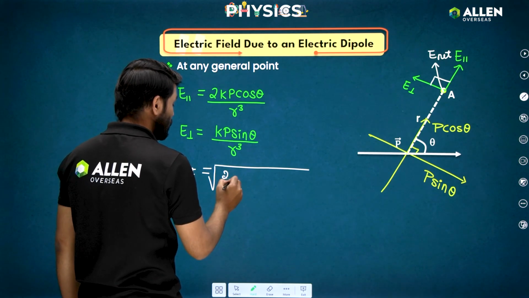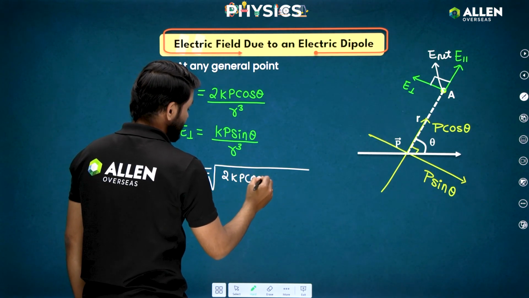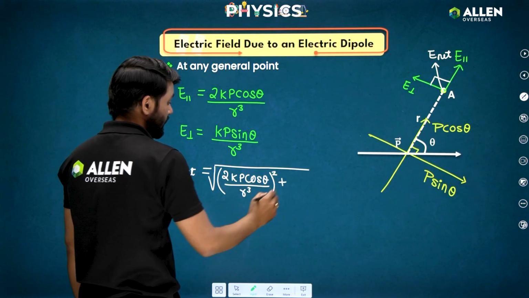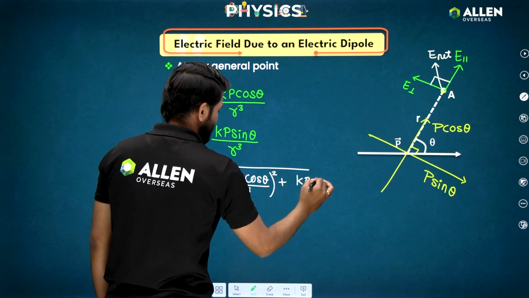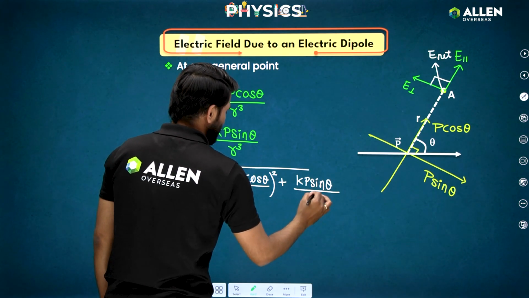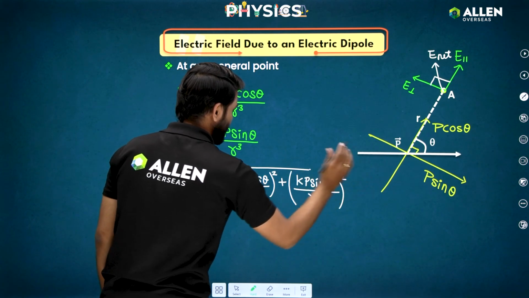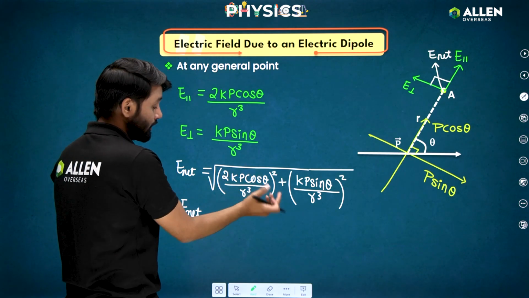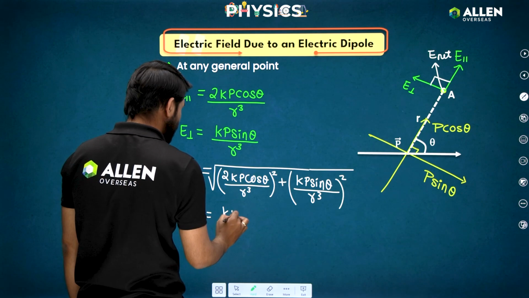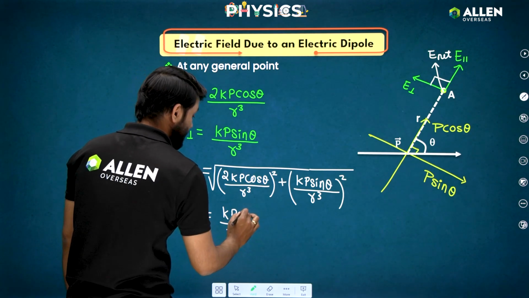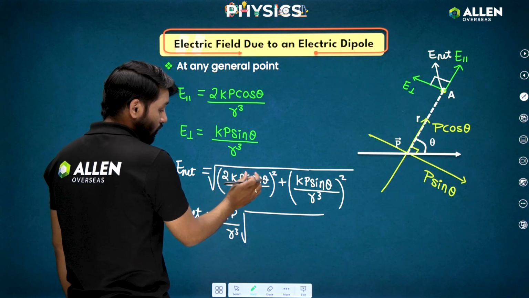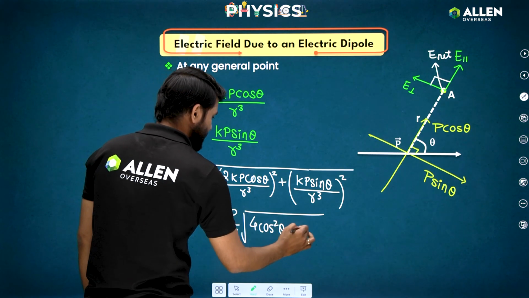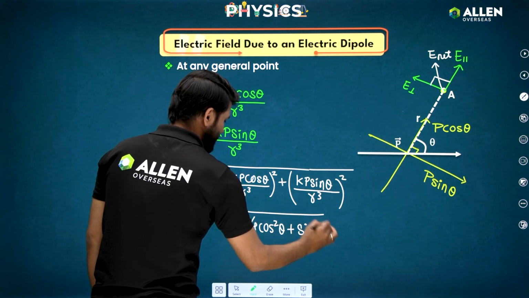So I am writing it's (2 kp cos theta divided by r cube) square plus (kp sin theta divided by r cube) square, right? We have to solve this. So we can take, see, this is kp upon r cube square. So if you take out from the under root, it will be kp upon r cube, right? And remaining term is, see, 2 cos theta square. So 4 cos square theta, right? And it's plus sin square theta, right students?